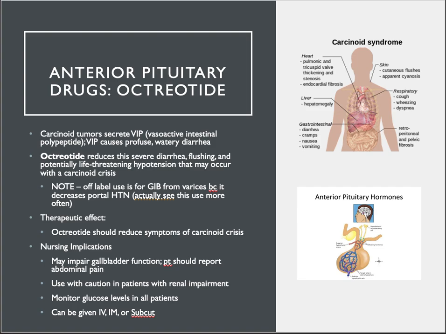So now this doesn't really make sense, right? So Octreotide, it brings the blood pressure up when we're treating the VIP syndrome or the carcinoid syndrome, but it brings the liver blood pressure down. That's because what it does is it vasoconstricts. And so within the portal venous system, okay, your portal system in your liver, those veins with portal hypertension, all of those vessels are just engorged.